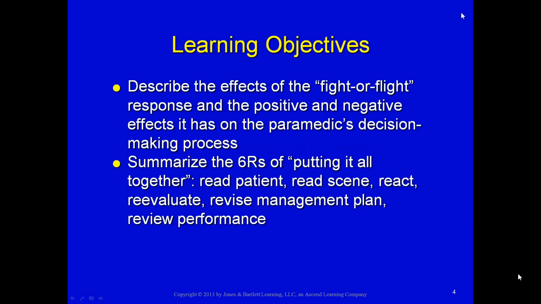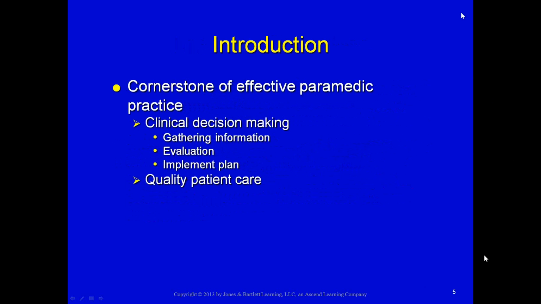And we'll talk in a little detail about that later in this talk. We're going to summarize the 6 R's of putting it all together. Reading the patient, reading the scene, reacting and reevaluating, and revise the management plan, as well as review the performance afterwards.